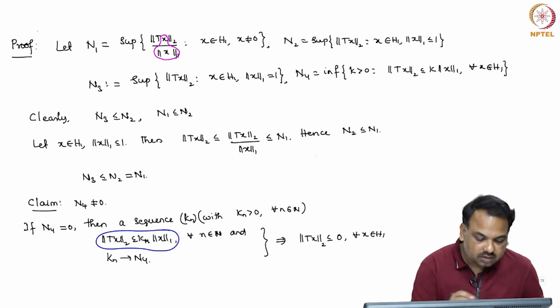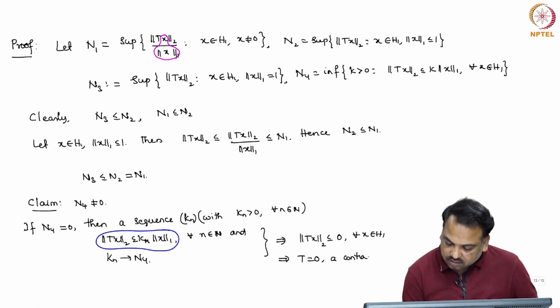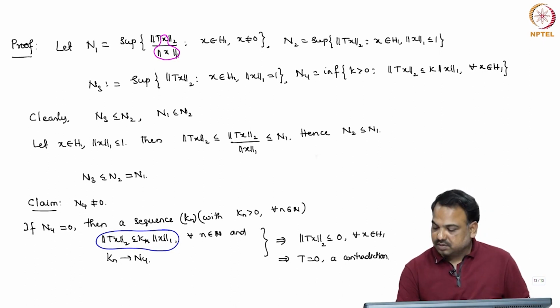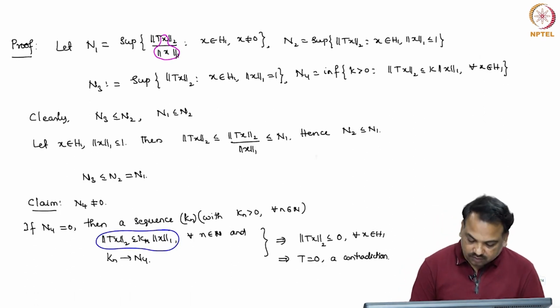From that we can conclude that T equals 0, which is a contradiction. Hence, n4 cannot be 0. So, we have shown that n4 is non-zero.